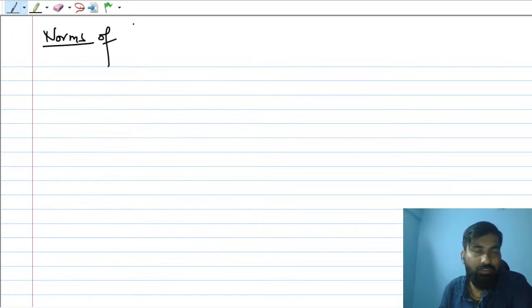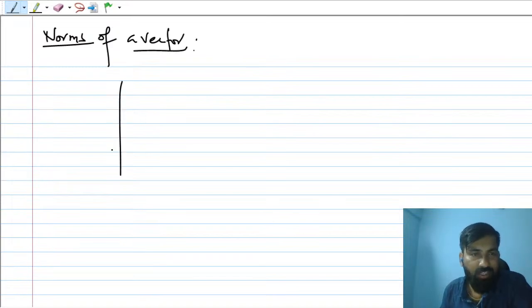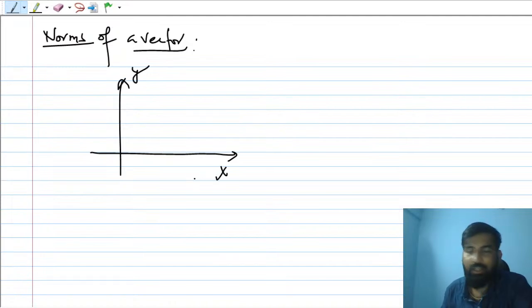So as I told you, the norm of a vector is nothing but the length of the vector. Suppose we have the xy plane here, and any point is there on the plane, say this is a point v, and this is the origin, and this point has a coordinate, you can say 3 and 4.